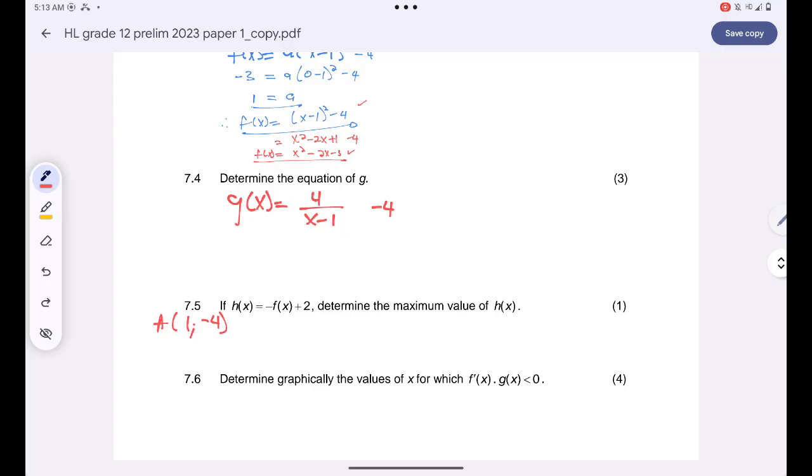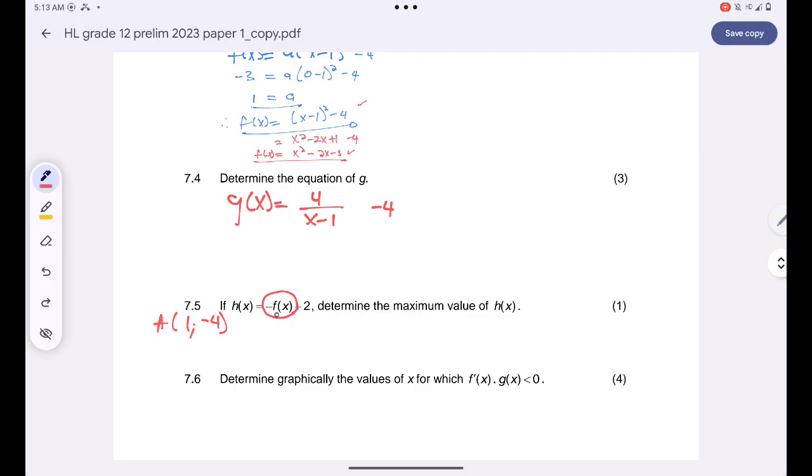Okay. The first thing that they did, guys, was to reflect the graph of f of x on the x-axis. If you reflect the graph on the x-axis, you are also reflecting all the coordinates on the x-axis, right?